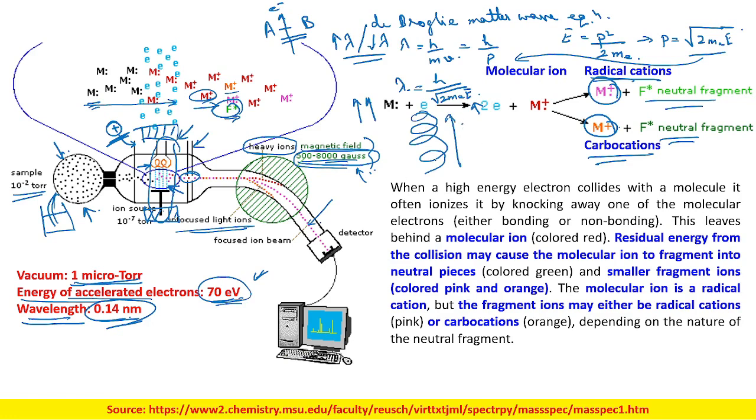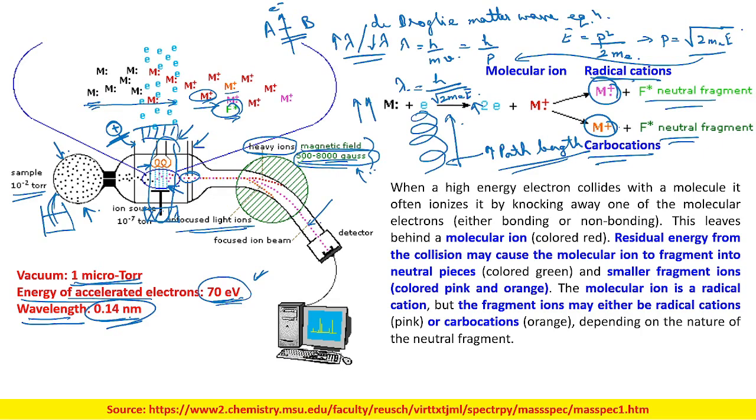Now why is it important? This is important because when you have a spiral pathway, the path length increases. By increasing the path length, you increase the chances of ionization.